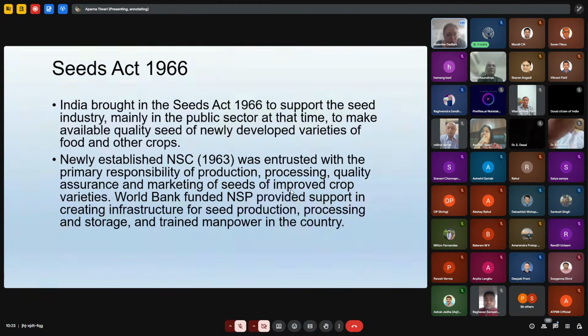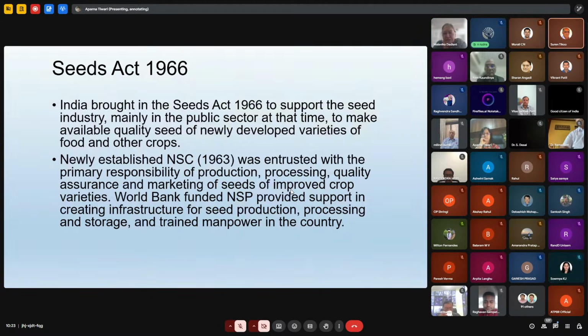So this is just a little bit of background, which most of us know, of course. When the Seeds Act was brought in 1966 and the rules were framed in 1968, it was implemented from 1969. The situation was entirely different. The seed industry was just establishing, mostly in the public sector. In fact, the NSC, National Seeds Corporation, which was established in 63, was mainly responsible for production, processing, and quality assurance also.